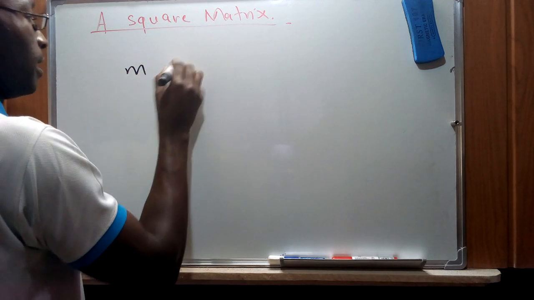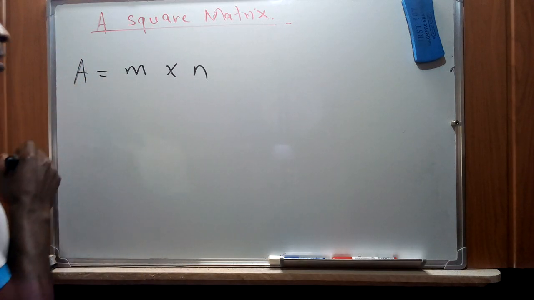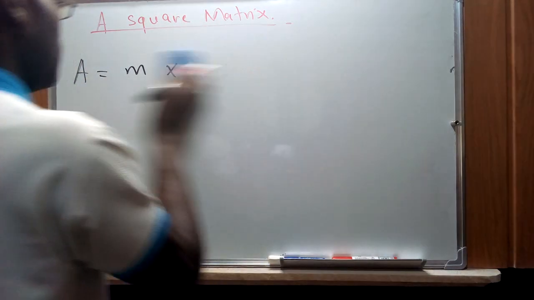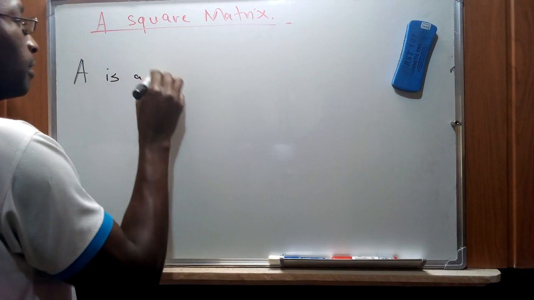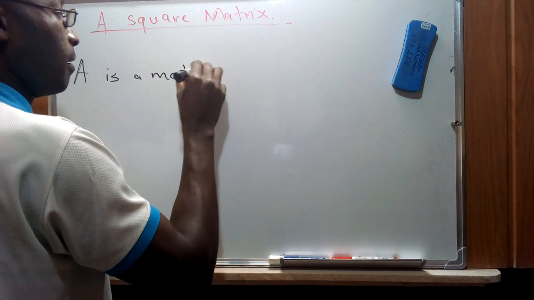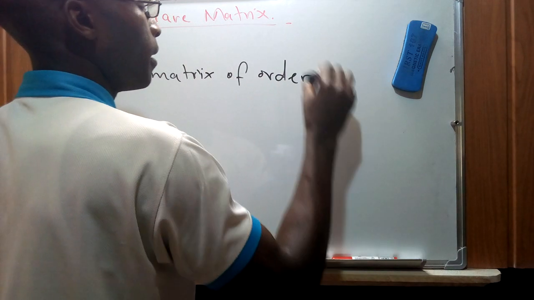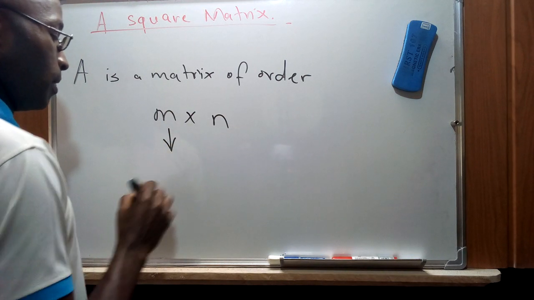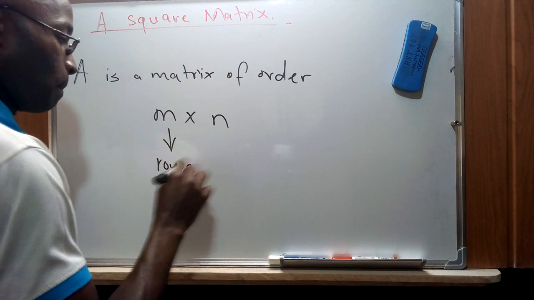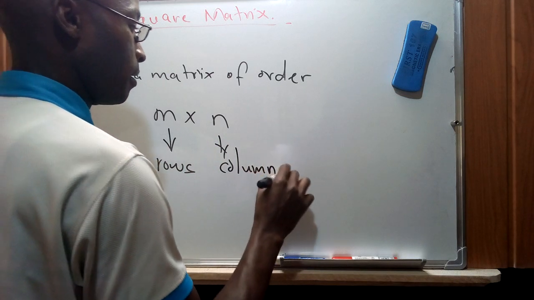We said that the rows and columns, as I've mentioned in our first correction, can generally be represented as m by n. A is an m by n matrix, or we can say that A is a matrix of order m n, where m represents the number of rows and n represents the number of columns.